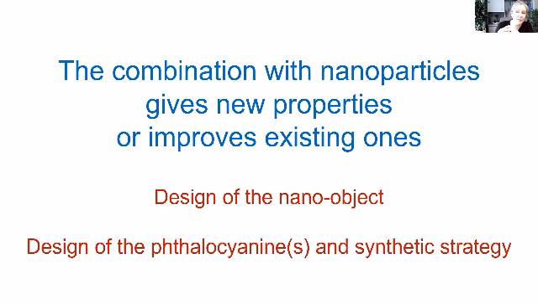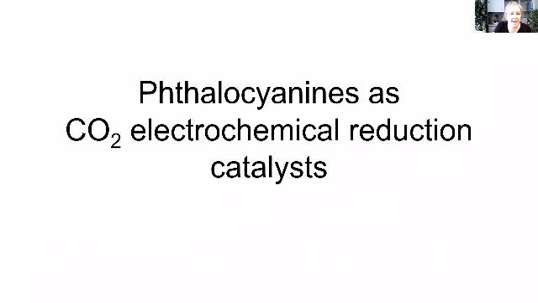And then, because the chemistry of phthalocyanine is not that simple, we also need to design the phthalocyanine itself and the synthetic strategy. Because it's always easy to draw a molecule on paper, and doing it in reasonable yields and quantity is not always the same thing. So this is a two-step process.